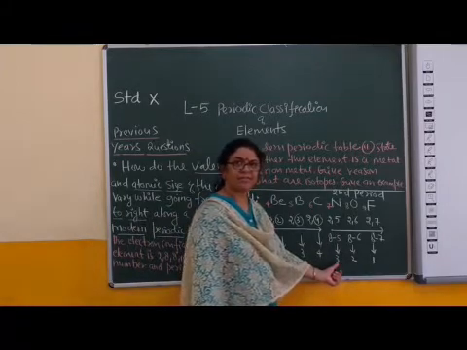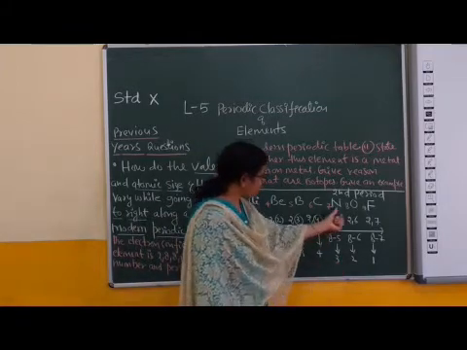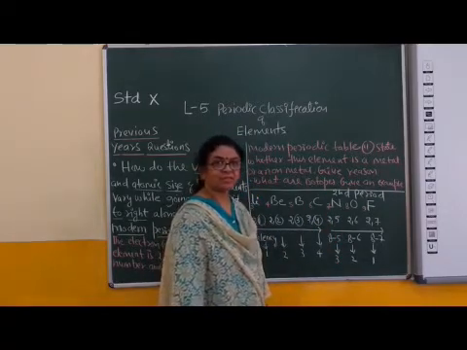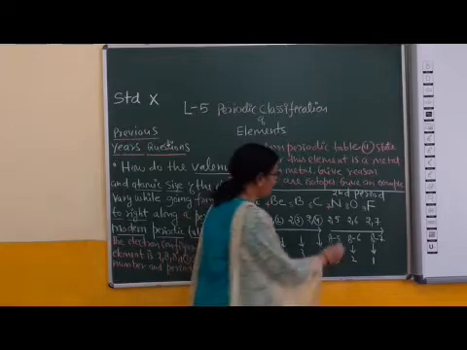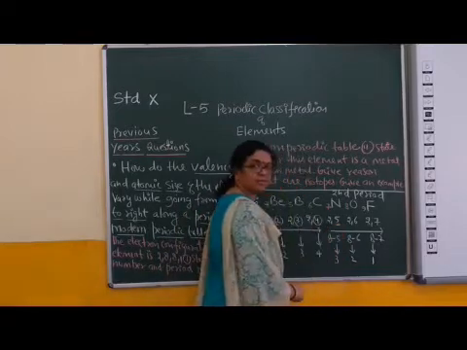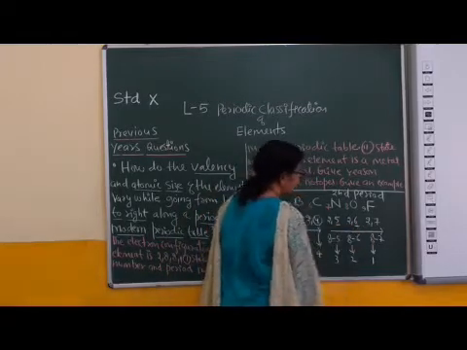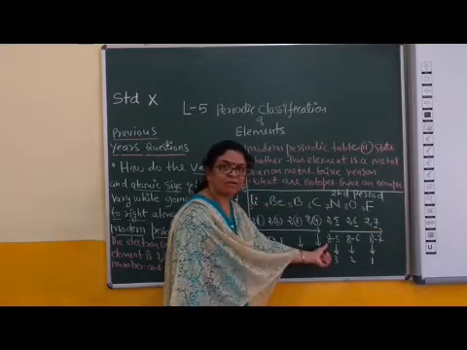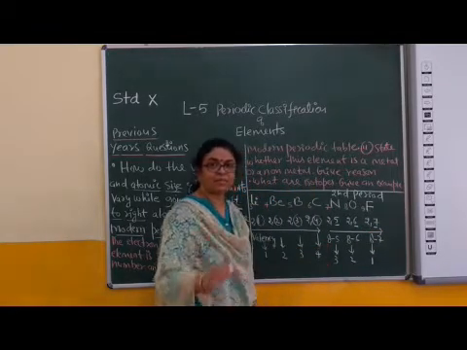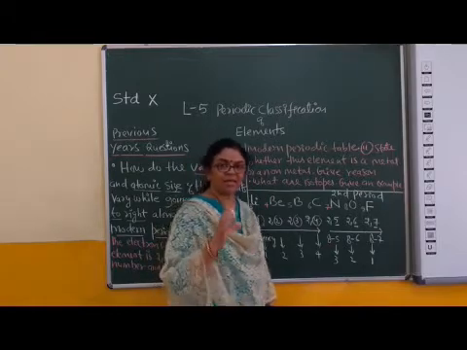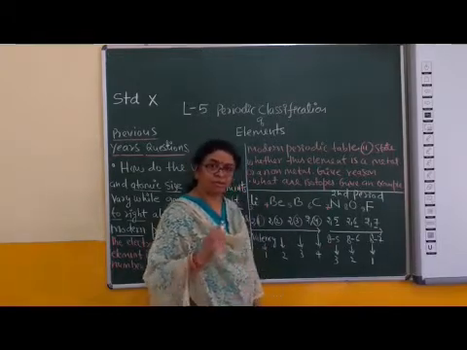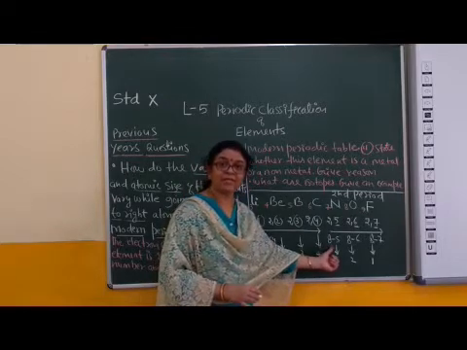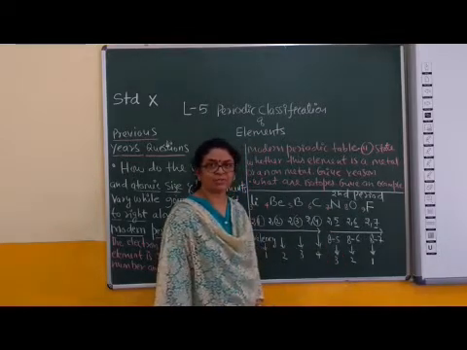Decreasing trend. Why? In the valence shell of nitrogen, 5 valence electrons are present. In the outermost shell, how many electrons are present? 5. In oxygen, 6. Fluorine, 7. Then apply this formula. For the determination of valency of any element where more than 4 valence electrons are present, always apply this formula: 8 minus the number of valence electrons.